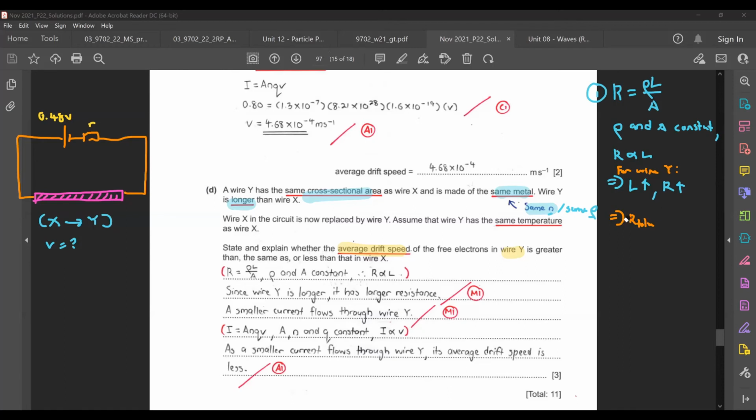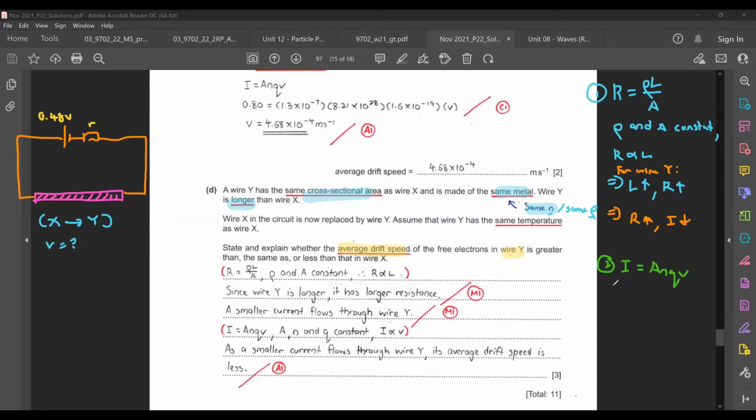Maybe I just make a shortcut here. If my R increases, my current drops. Okay, L increases, current drops. My current drops, therefore my drift speed would be lesser.